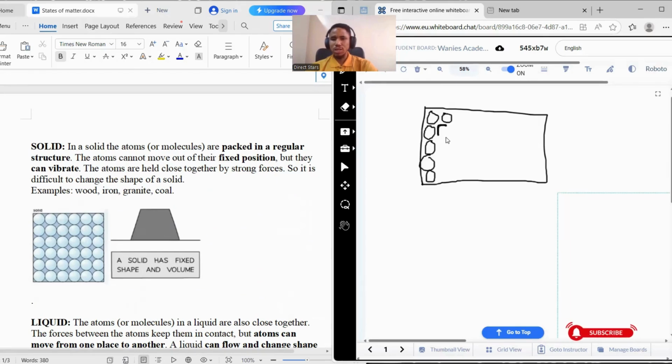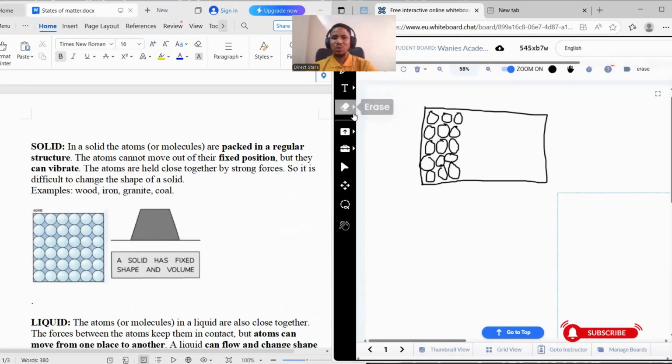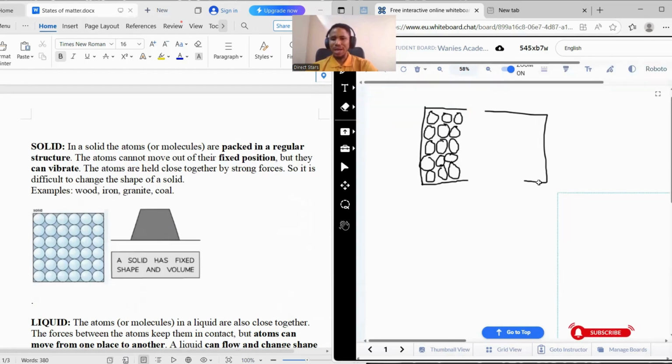So, in a solid, the particles are closely packed and well arranged.